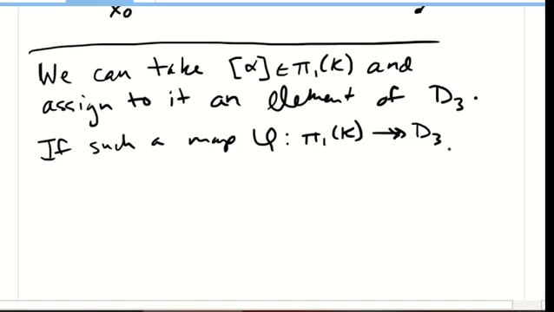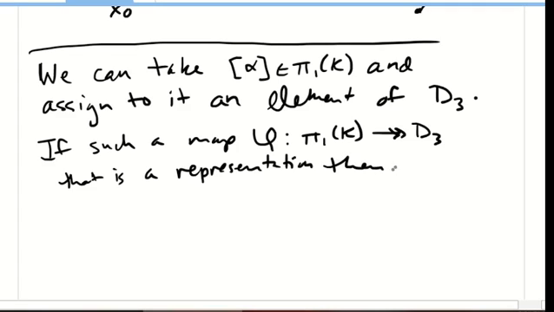If there's such a map, that's a homomorphism and onto, then we say that K is, quote-unquote, three-colorable.